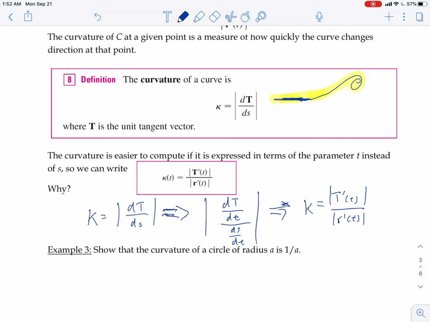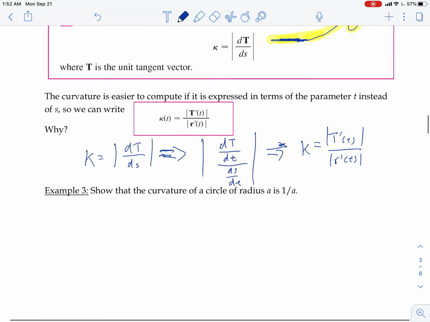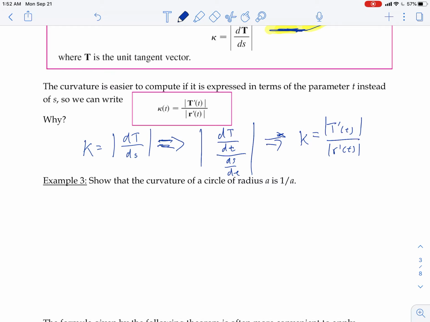If you recall from last page, that's just going to be the magnitude of r prime of t.